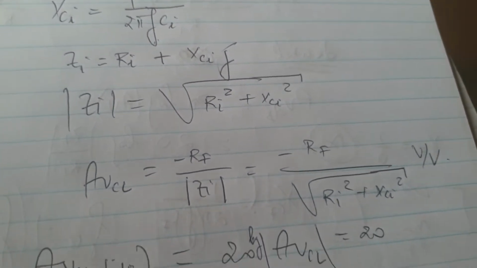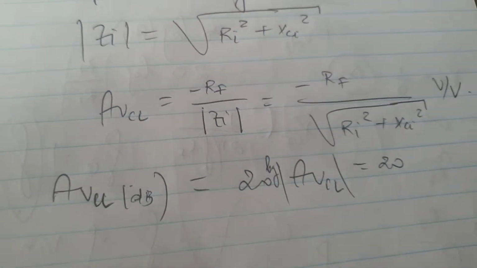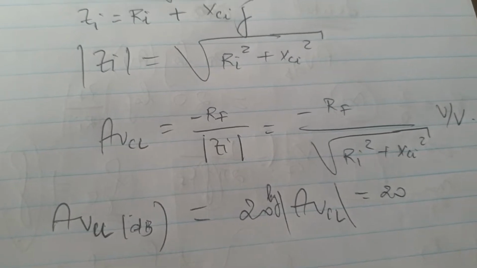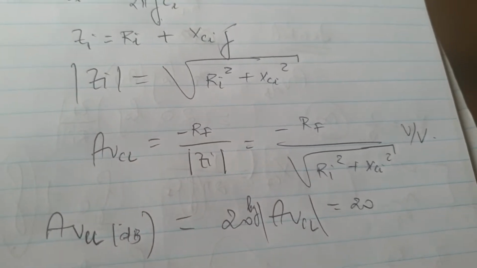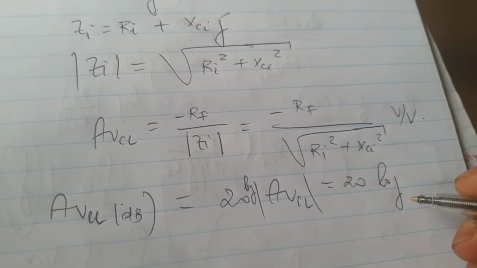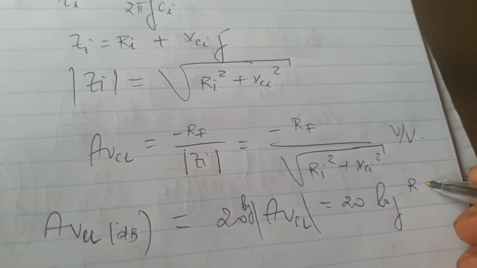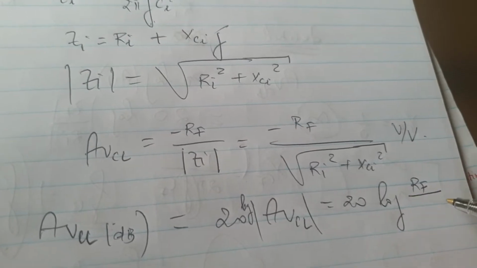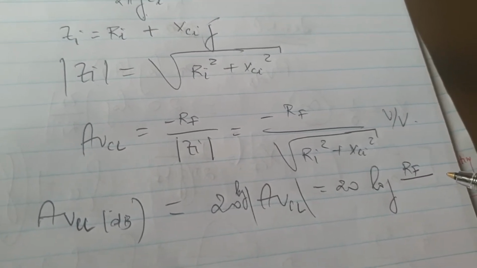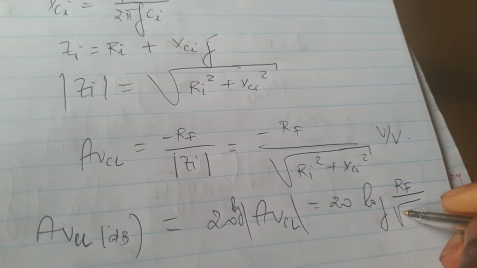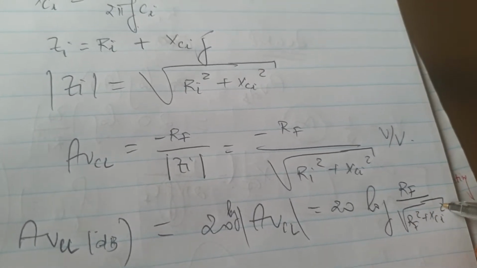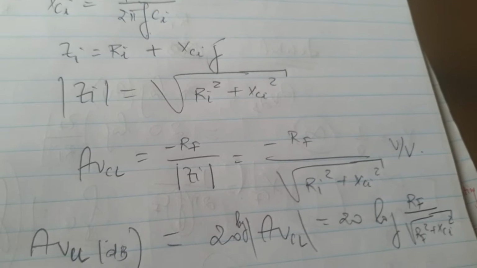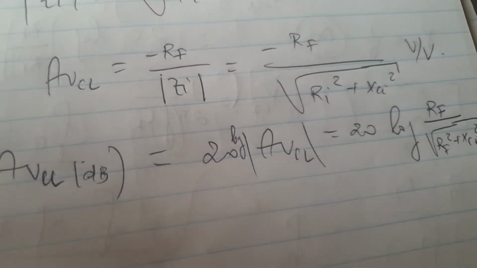In terms of decibels, it's going to be 20 times log of the ratio: RF, and here we're talking about the magnitude, not the negative value, because we can't have a log of a negative value, over the square root of Ri squared plus XCi squared. That's how we get the closed loop gain in the case of a high pass filter.